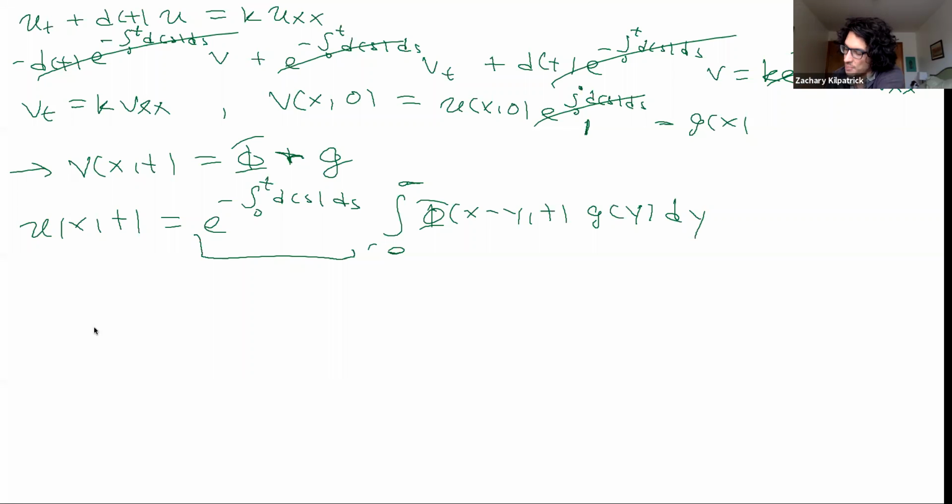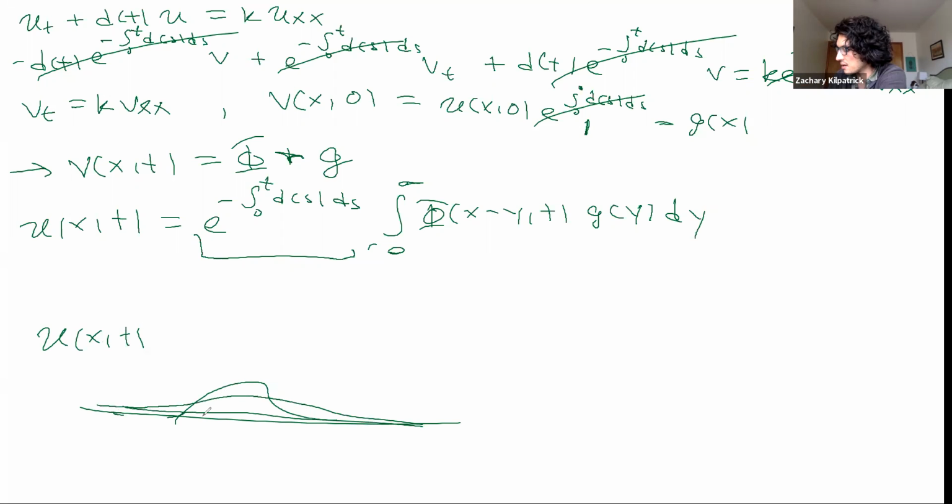So what would happen is that if I draw u of x,t now, as a function of this, if I have D positive, then everything's going to go towards 0 over time, right?